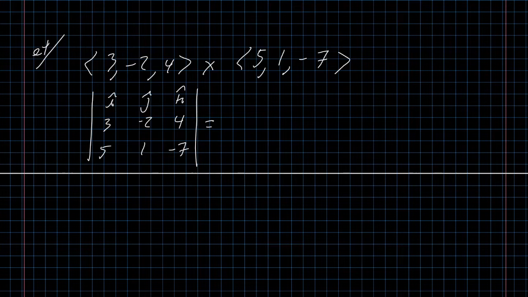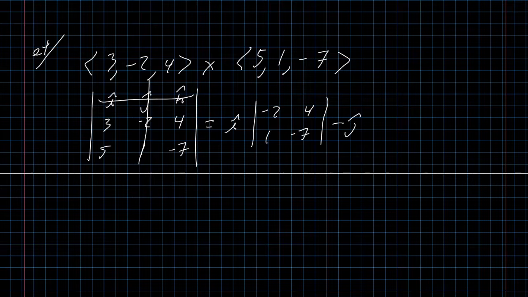And expanding that, it's going to be i hat times the 2 by 2 matrix, -2, 4, 1, -7, right? Remove the row and column that have i in it. Then minus j hat, remove the row and column that have j in it, 3, 4, 5, -7.